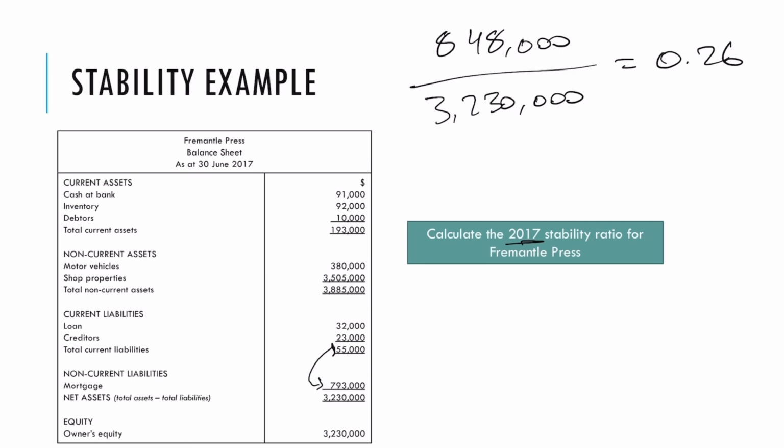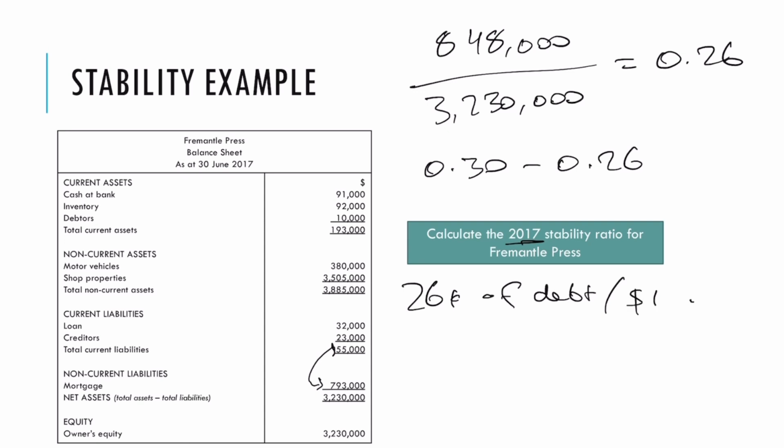So what's happened now is that our ratio has actually decreased from 0.3 to 0.26. So in 2017, there's actually 26 cents of debt per dollar of equity.